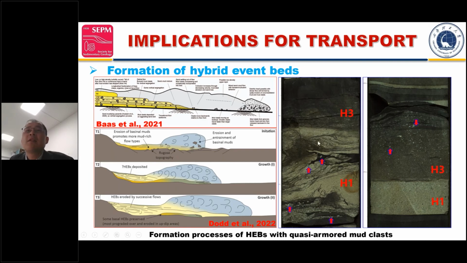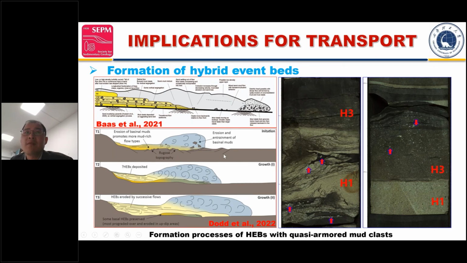At least for the hybrid event bed with the quasi-armored mud clasts, we can see that these agree with the longitudinal fractionation model and also agree with the Dowden model.